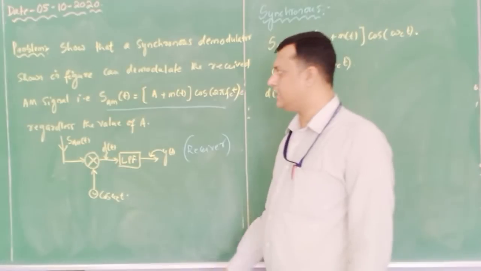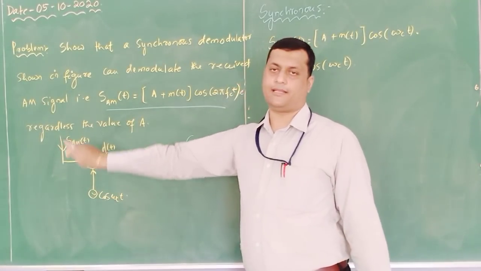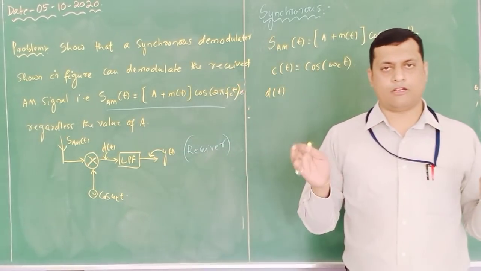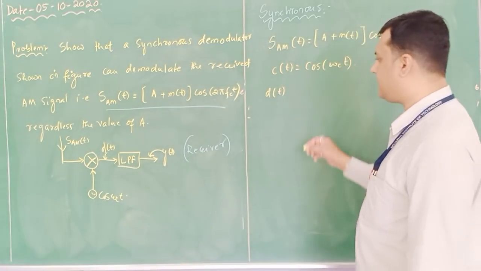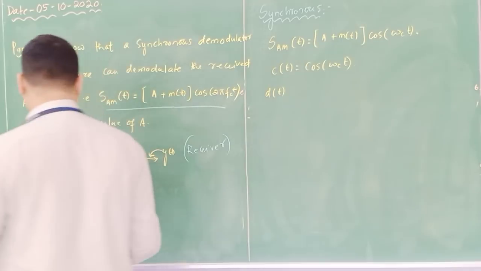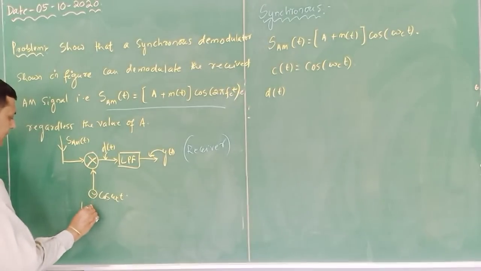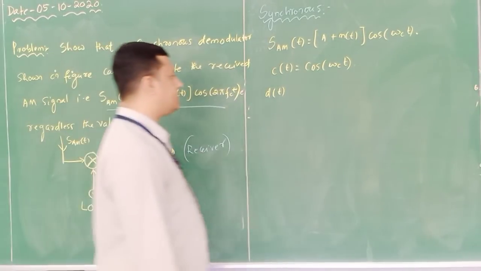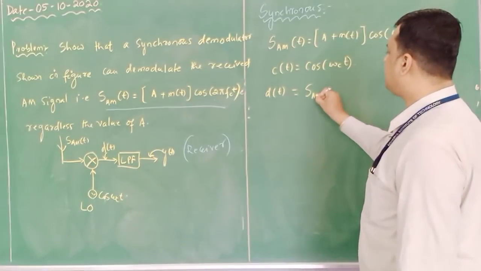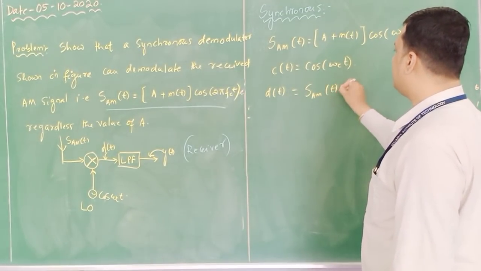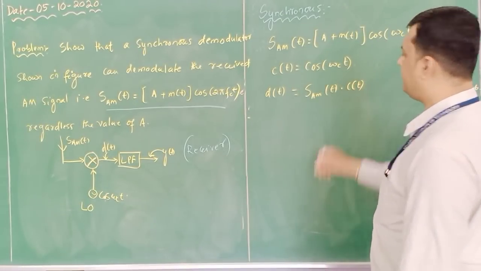D of t is simple multiplication of the modulated signal with the carrier provided by the local oscillator, which is providing the cos omega ct. So d of t, I will write, S suffix AM of t into C of t.